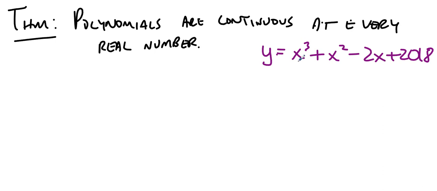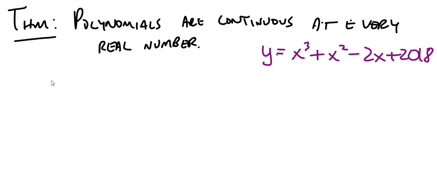Well, this is a number times itself, and limit laws say that those limits just multiply. Those limits just multiply, and then we're adding limits together, subtracting limits. Those are all legitimate. So by limit laws, this function is going to be continuous everywhere because the limit is going to match the function value everywhere.